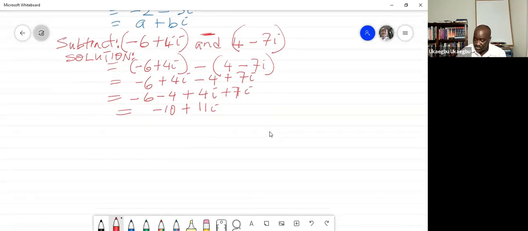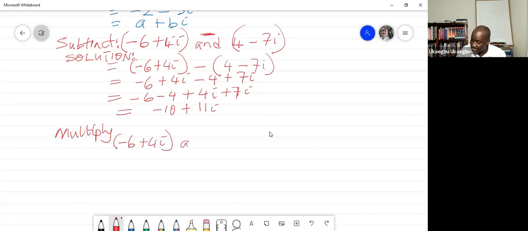So the question is going to be multiply. I'm going to use the same numbers: negative 6 plus 4i and 4 minus 7i. So how do you perform the multiplication? I'll give you 1 minute to think about it. Okay, somebody said distributive property.